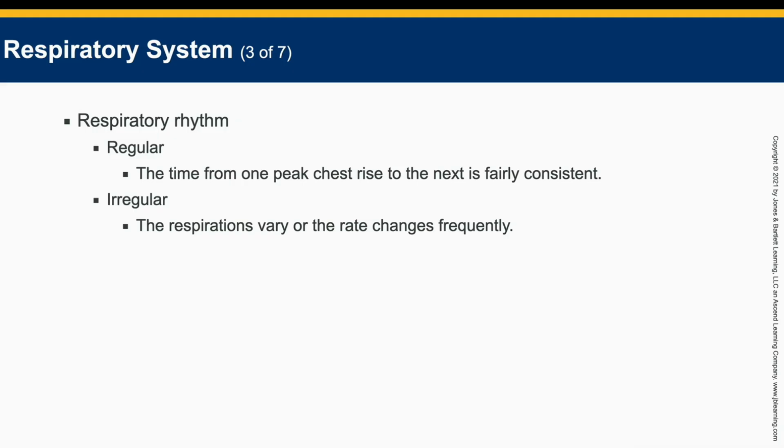An irregular respiratory rhythm, on the other hand, means the respirations vary in timing or the breathing rate changes frequently. Irregular breathing patterns can sometimes indicate serious medical conditions, such as head injuries, neurologic problems, or respiratory distress. By observing not only the rate of breathing, but also the rhythm and pattern, EMTs can gain important clues about the patient's overall respiratory status.